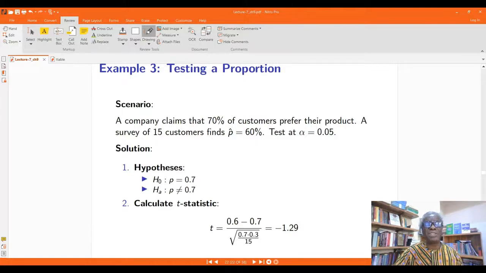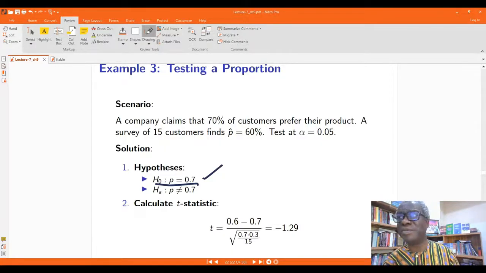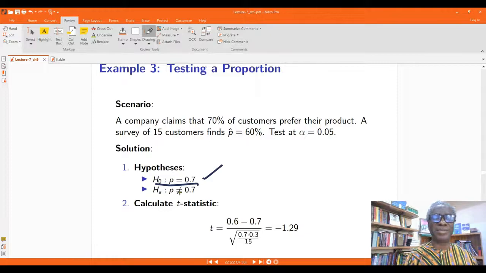So we need to set up the hypothesis. The hypothesis H naught specifies the claim that the population proportion is 0.7, against the alternative that the population proportion is different from 0.7.